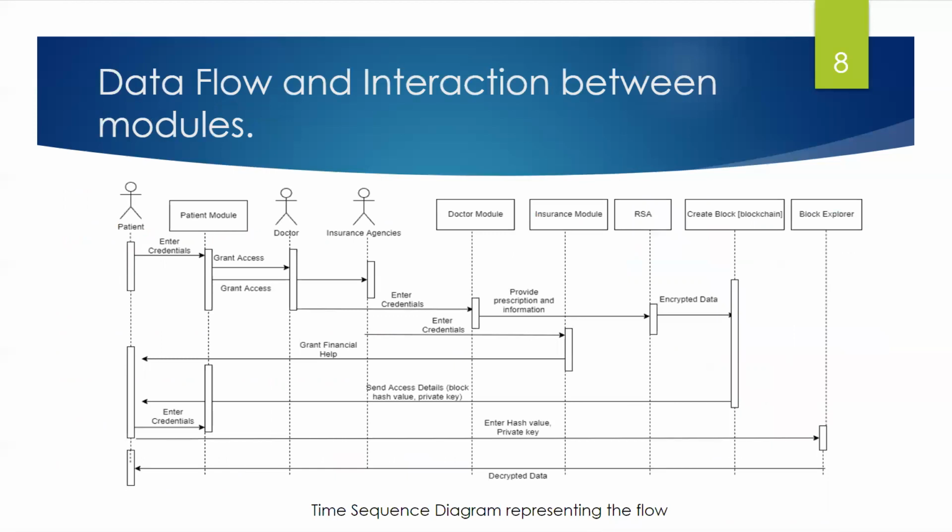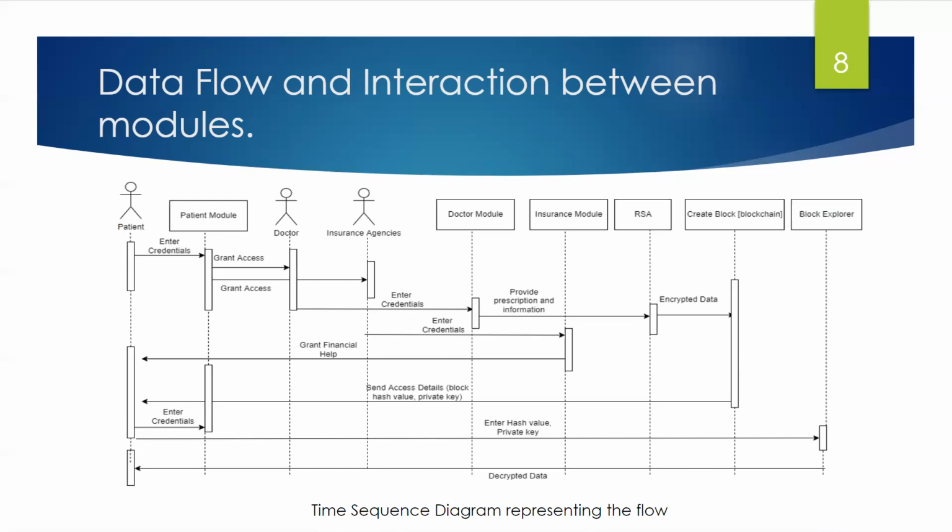This is the time sequence diagram of the data flow of and interaction between modules. We have three users, that is patients, doctor, and insurance agents. Initially, patients can enter credentials and log into their modules, and then they can grant access to either doctors or insurance agents.